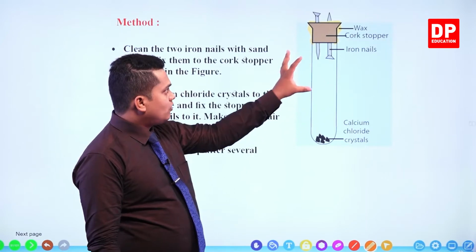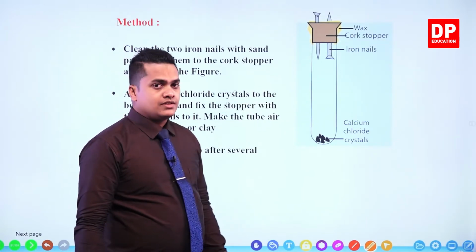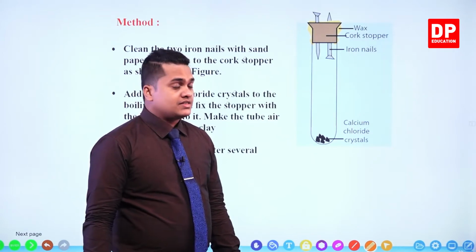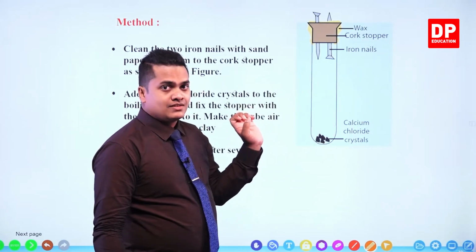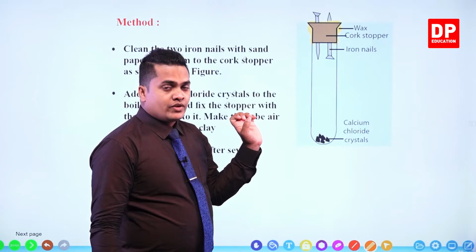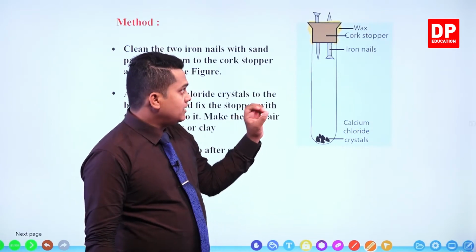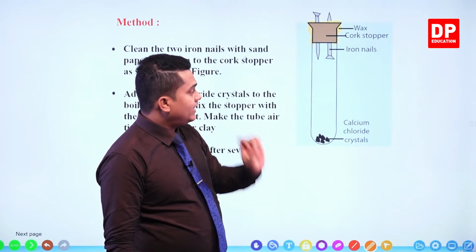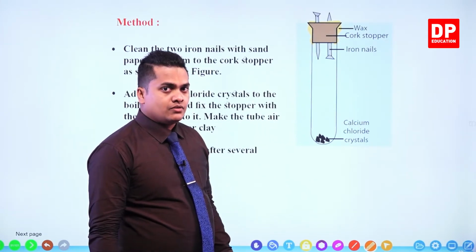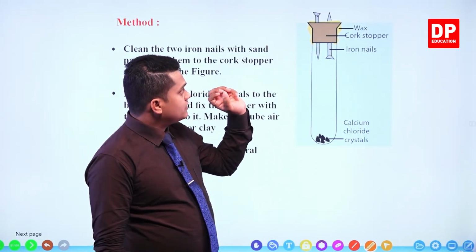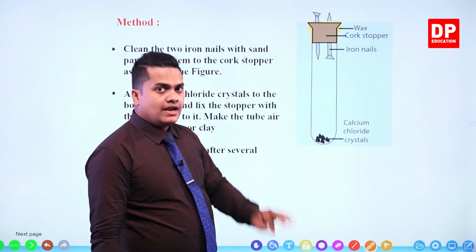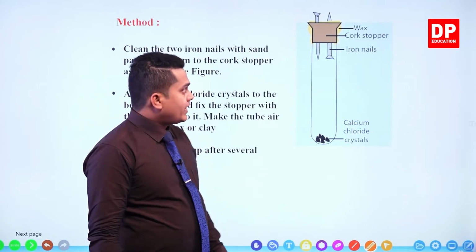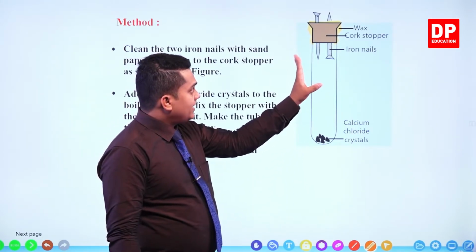So we need to insert a cork stopper into the boiling tube and fix the iron nails like this. When you are fixing iron nails, remember the head should come down and the pointed area should also come down. And for the top part also, there should be a head part and a pointed part. Okay. Right. Then we have to fix it like this.